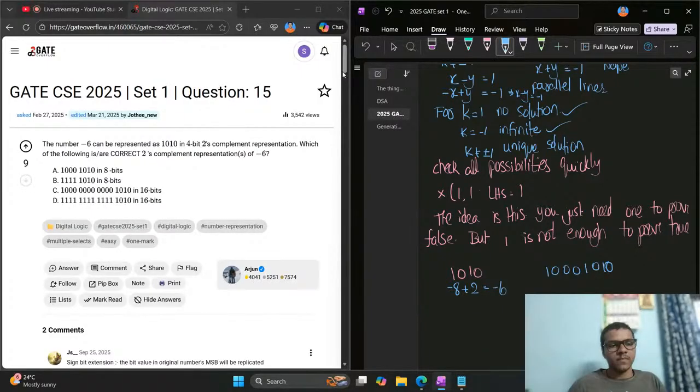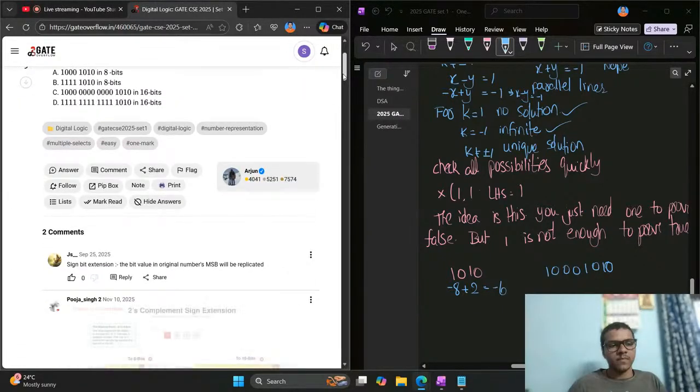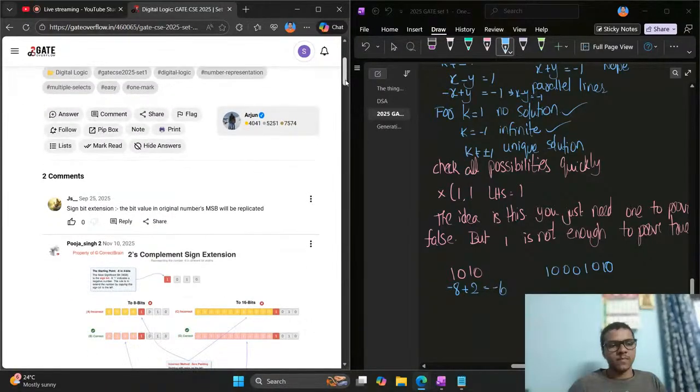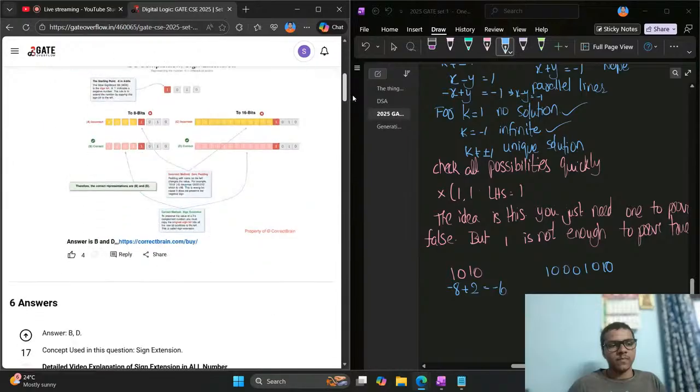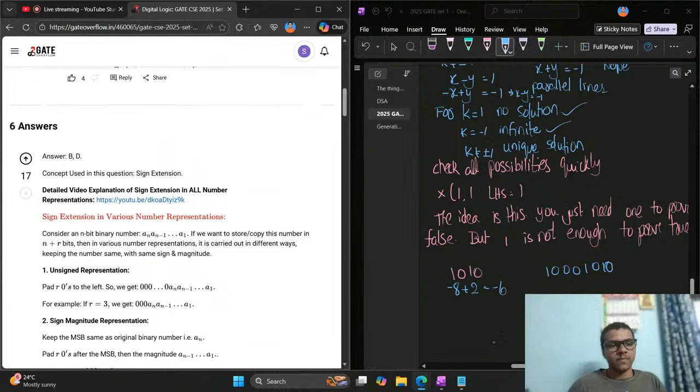Can you just append those things? Sign bit extension. Okay, now everything's clicking.